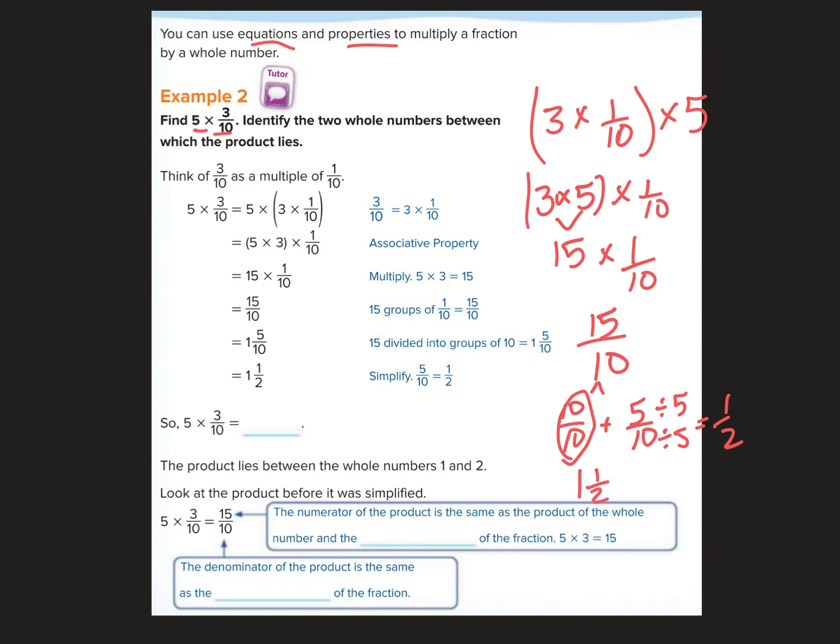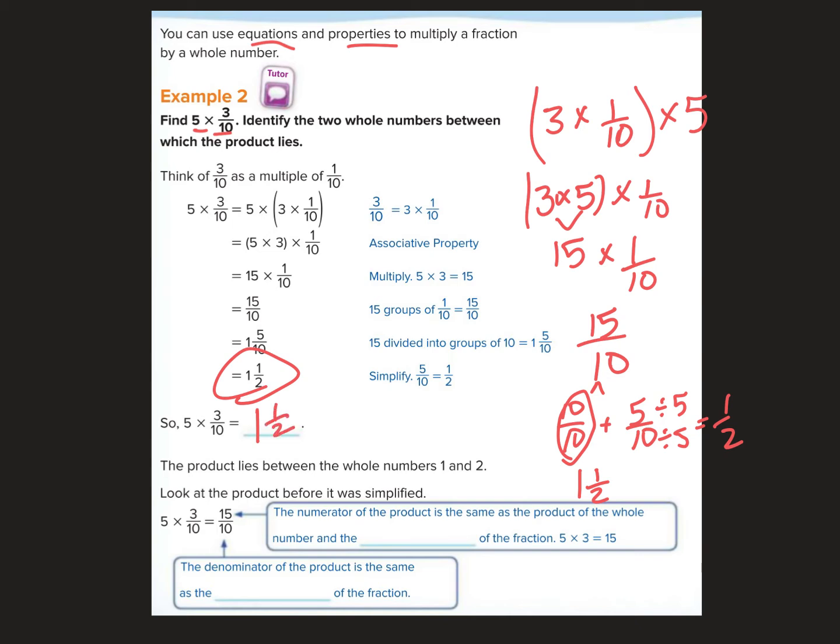So 1 and 1/2, or 1.5, is what I would get there. Now, listen, you guys, there's a 5,000 times easier way to do this, but this is kind of interesting to me. We're practicing our properties doing it this way. So that's neither here nor there. So 5 times 3/10 is 1.5.